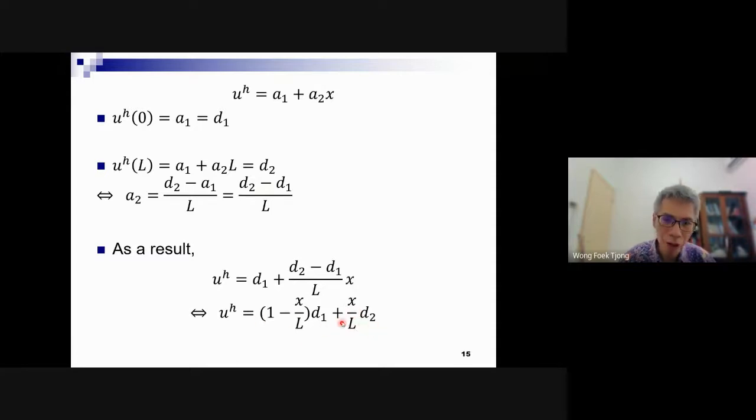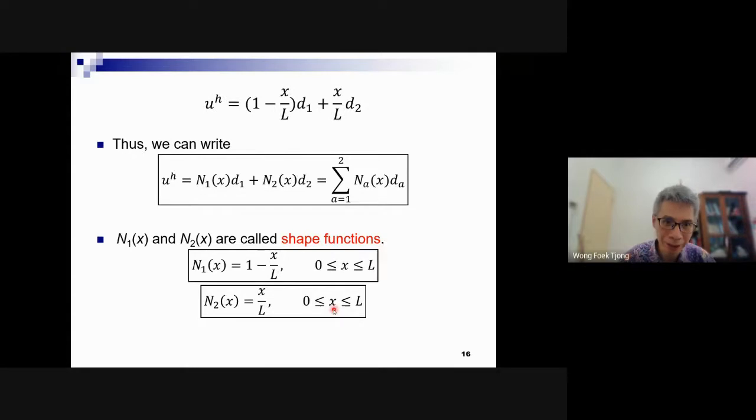These functions are called shape functions actually. So our approximate displacement is a function I call N1 that multiplies d1, and another function N2 that multiplies d2. Or we can write it in sigma notation like this.